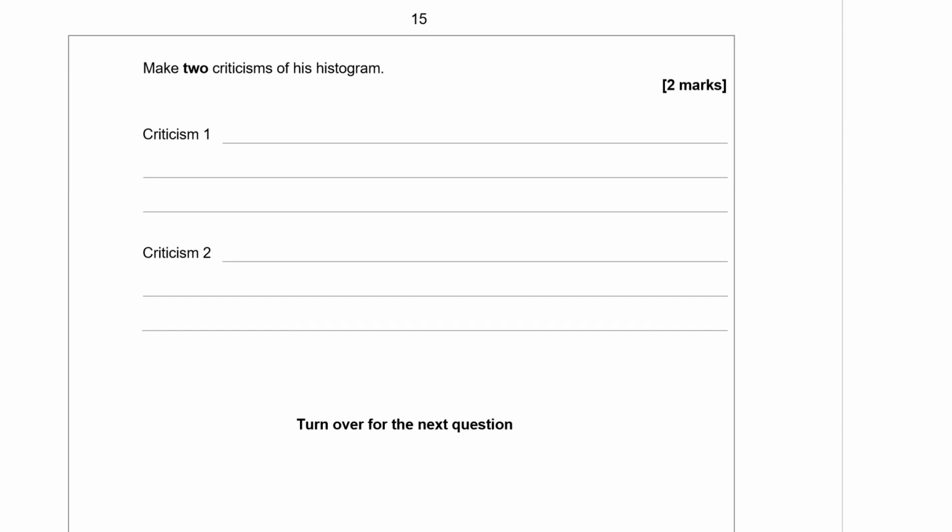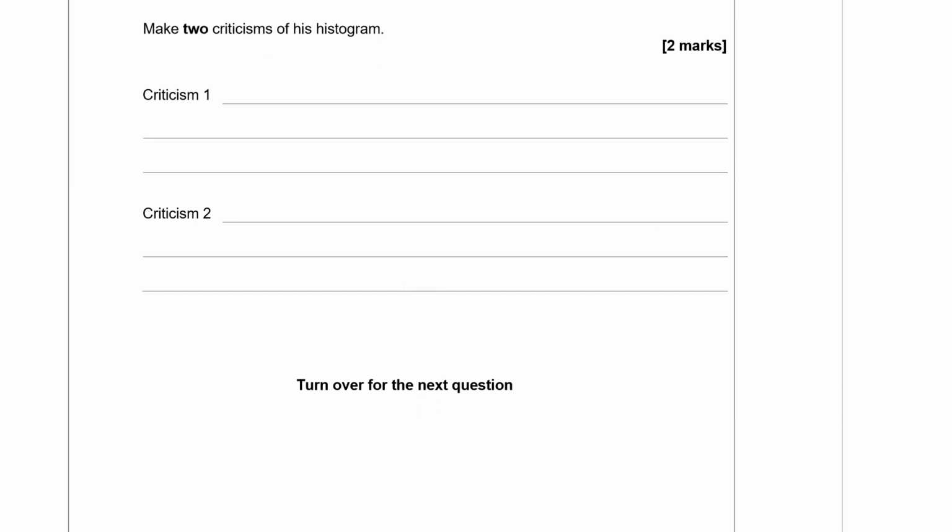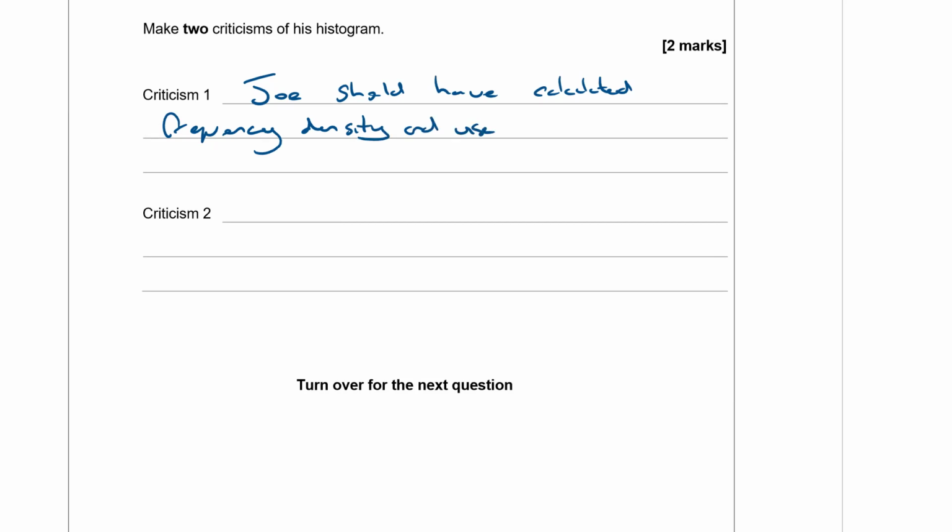My 2 criticisms are: Joe should have calculated frequency density, and used this for his y-axis scale.